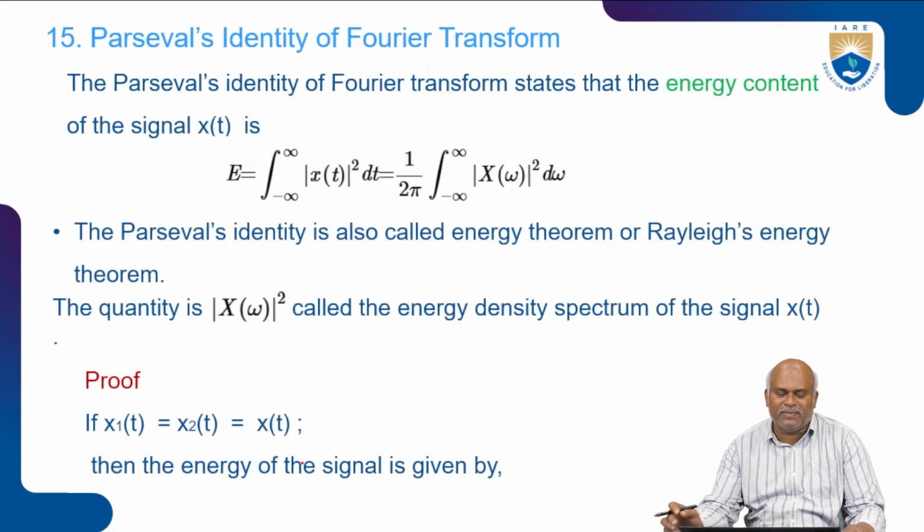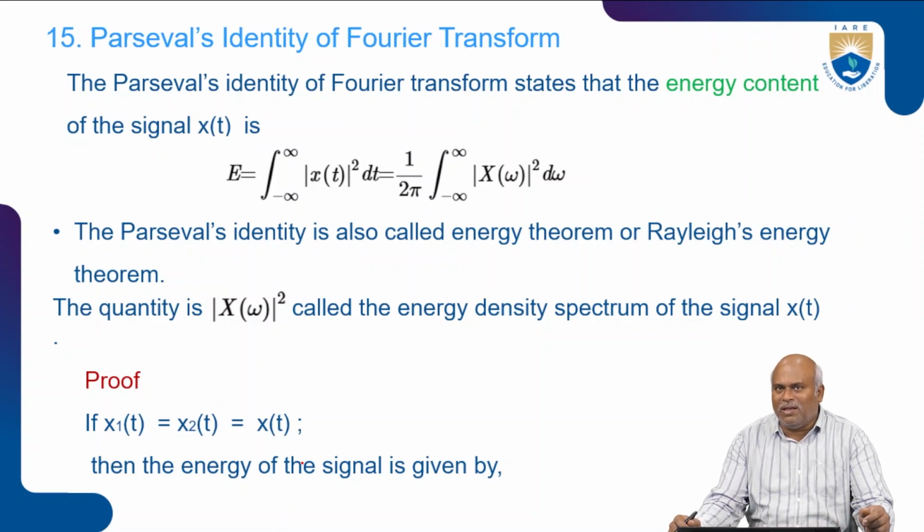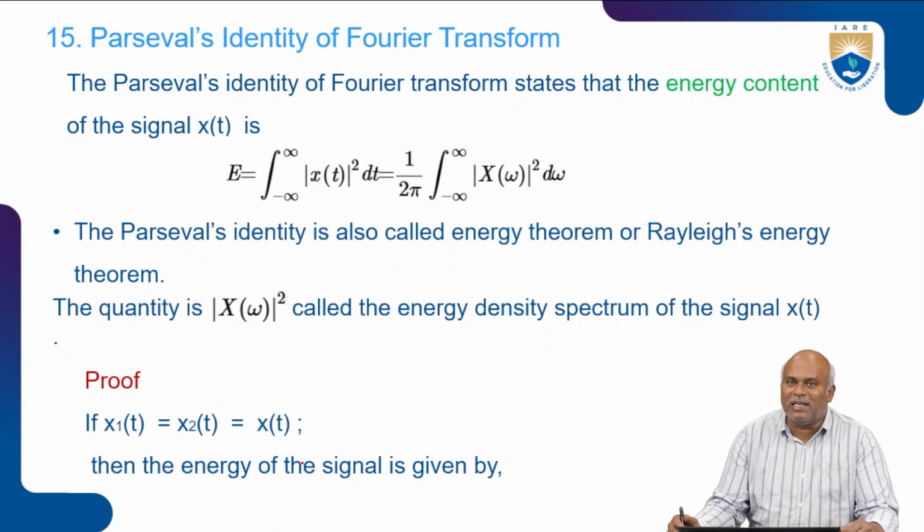Next, we go to the Parseval identity of the Fourier transform. In this case, we take the Fourier transform of the energy content of the signal x of t, that is, an aperiodic signal in the time domain.